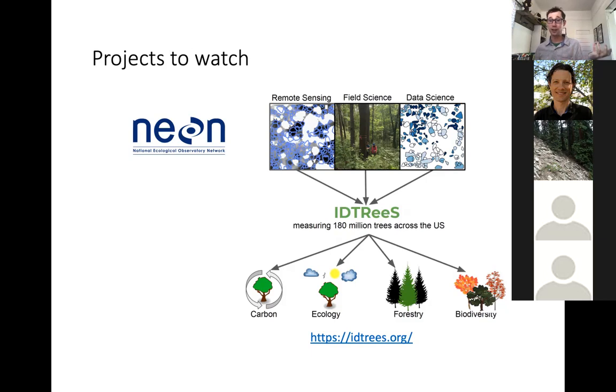They ran one last year, and for each of the rounds of IDTrees, they publish a couple of papers. The top performing teams publish methods papers about what they did to do their best on this dataset.